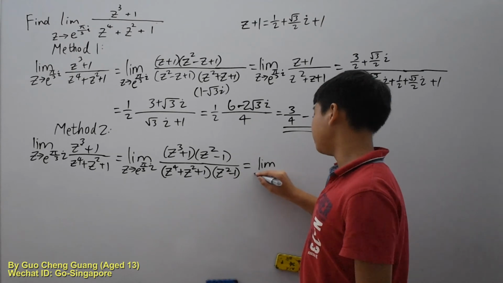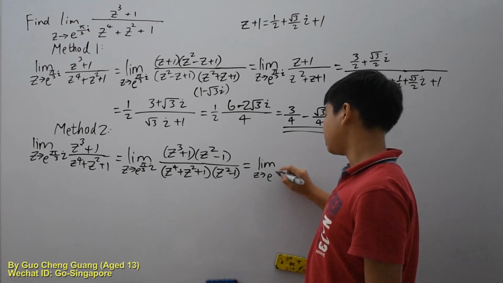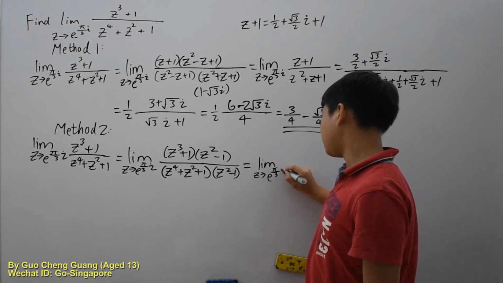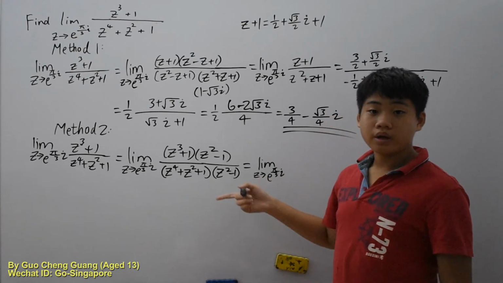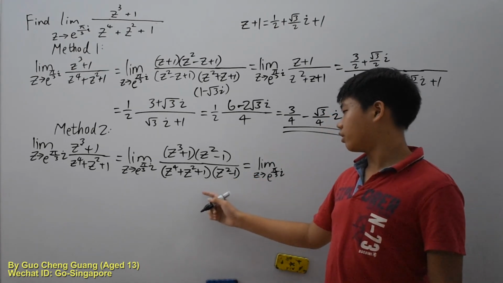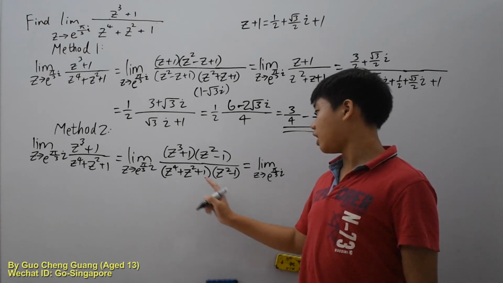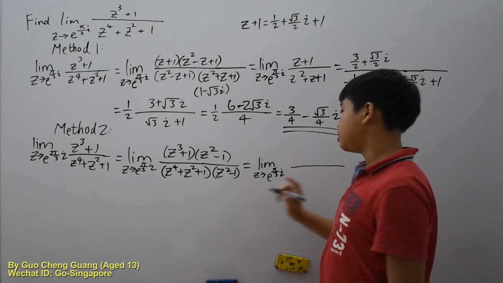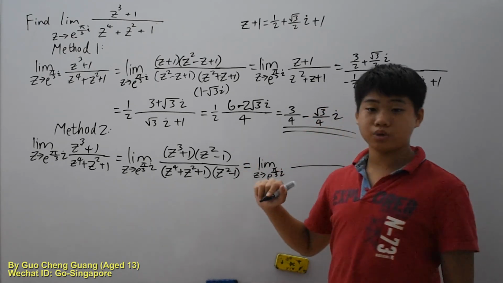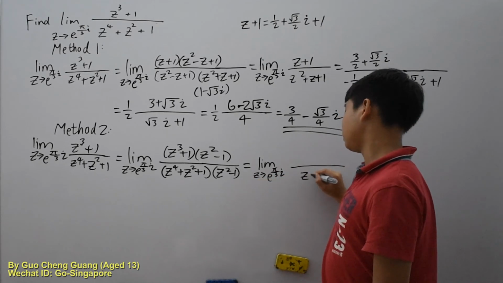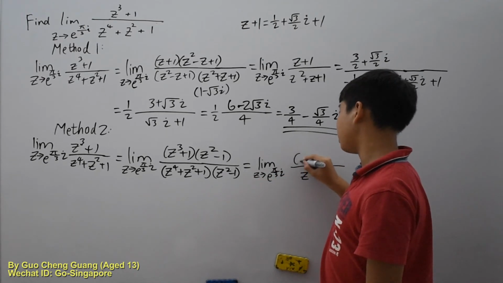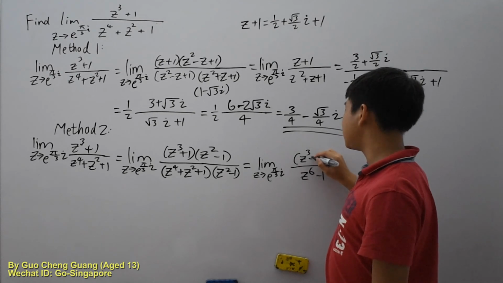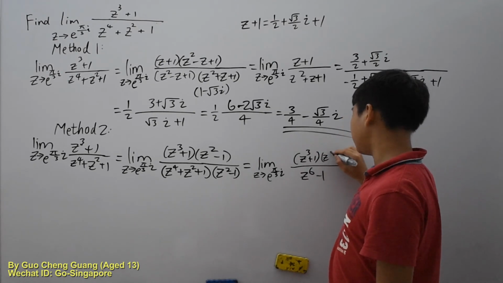Now just sit back and watch this miracle happen. So here you have limit z approaches e to the power of pi over 3i. Now this miracle over here, how does it happen? That means you only have z to the power of 6 minus 1 in the denominator. But wait, what did you realize from this part?